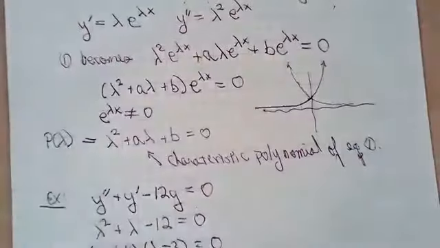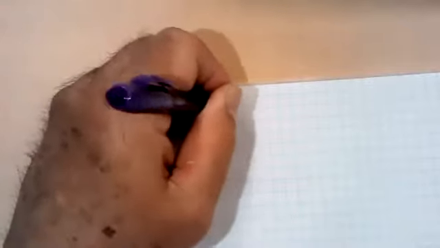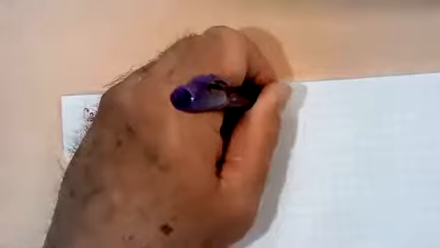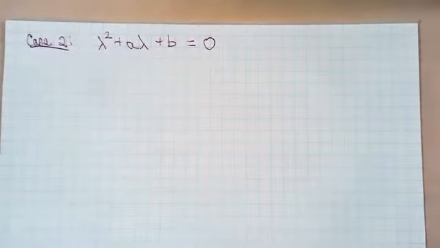Okay, so that's the first case. Second case. Case 2. Now remember, this is all coming from setting the characteristic polynomial equal to 0 and solving.